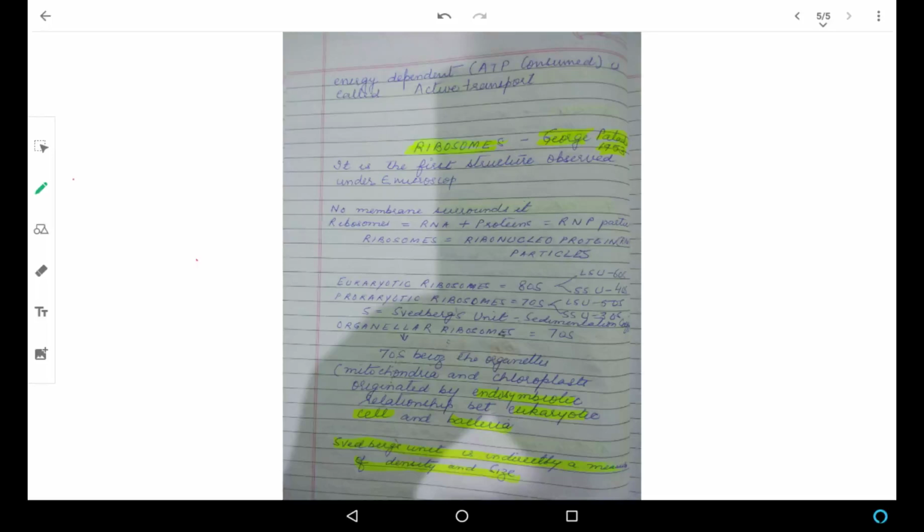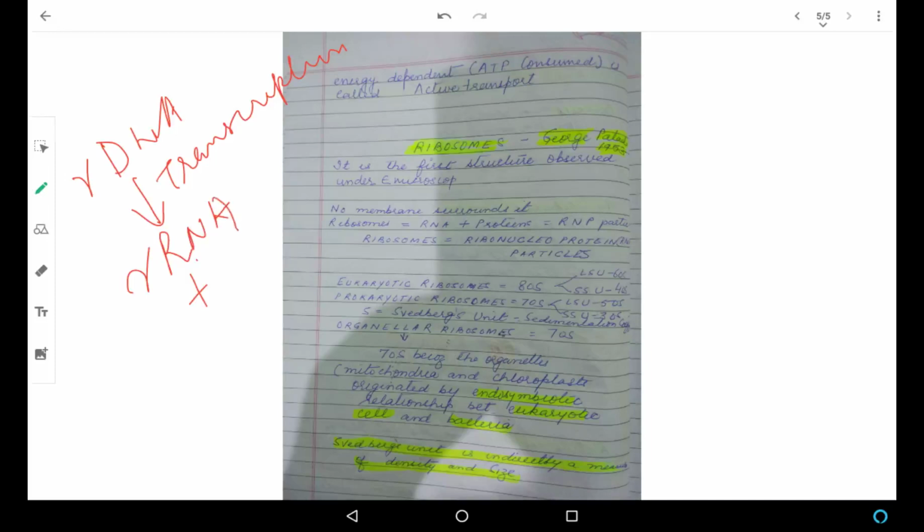From rDNA upon transcription it forms rRNA plus proteins, which forms RNP particles. These are nothing but ribosomes.